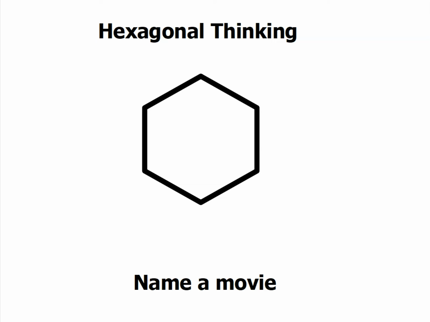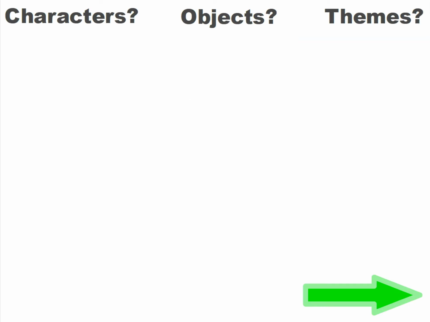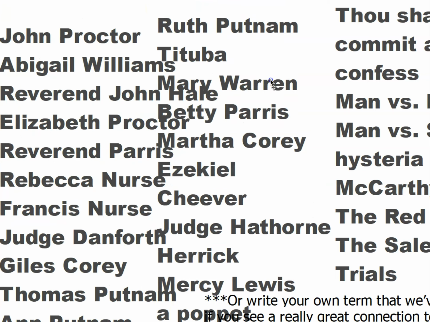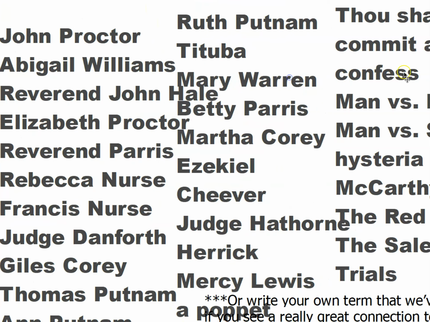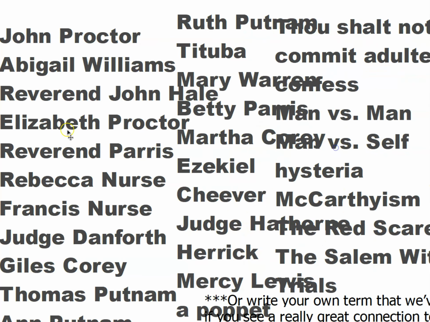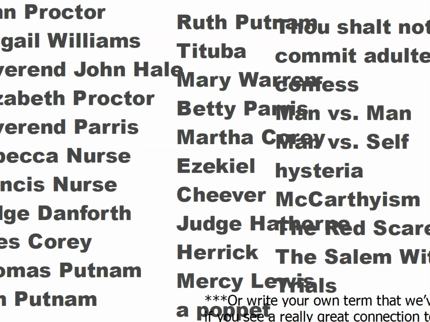So I walk my students through it the first time, and I have them come up with a list of characters, objects, and themes. So here's what we brainstormed for The Crucible. These are the ones I thought they would come up with, and then of course they added some more. I'm trying to make it fit on the screen so you can see.